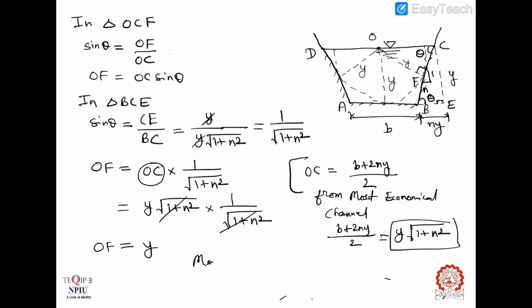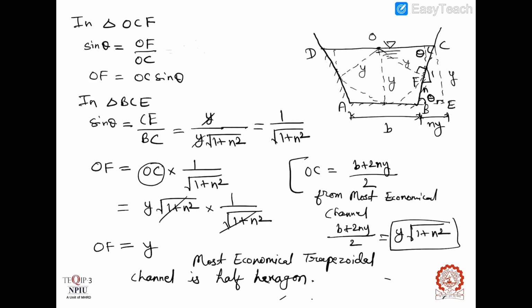Means the most economical trapezoidal channel is a half hexagon. Clear? Now one thing we should clear here.